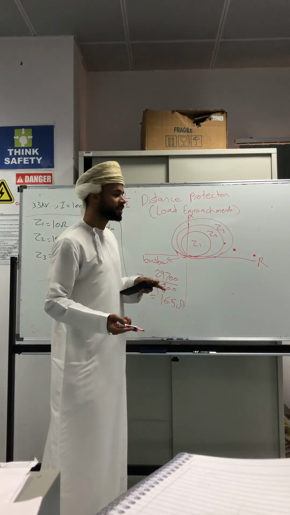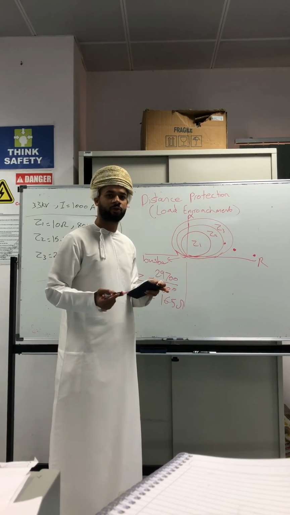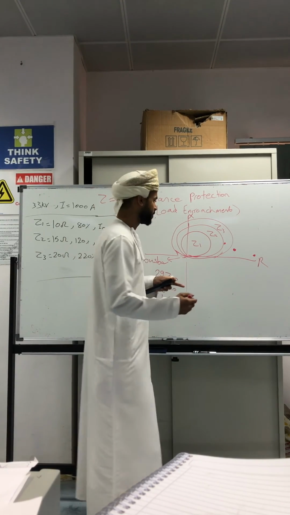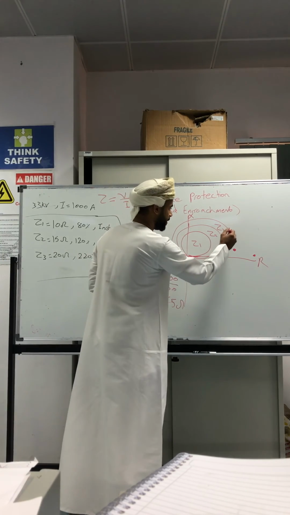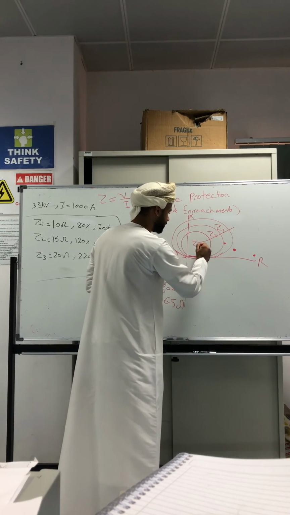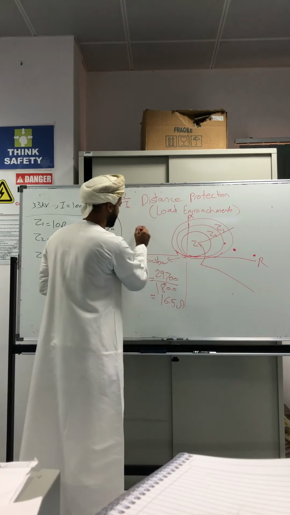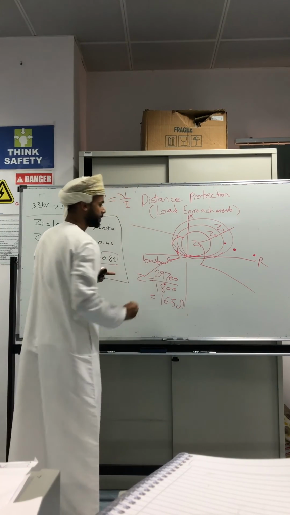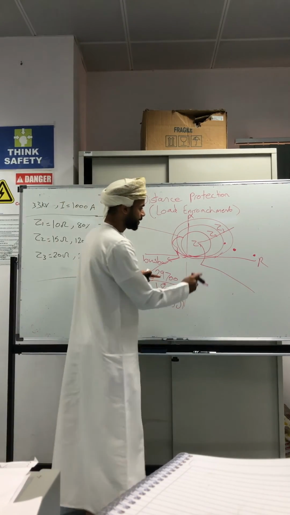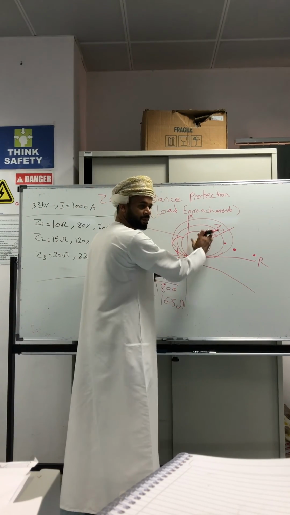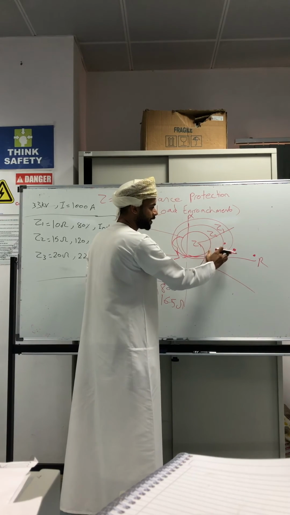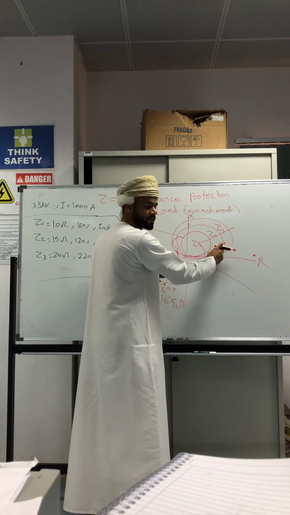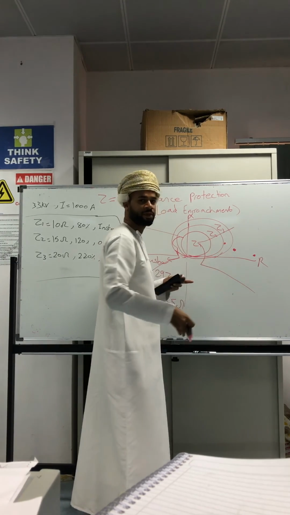It is protected by using an element we call the load blinder element. So how does the load blinder work? We set some angle like this from both sides. After setting some angle here, even if the reach value is seen in zone 3, the distance relay will not trip, because we have made a load blinder.